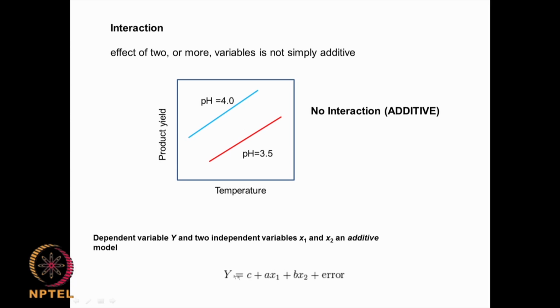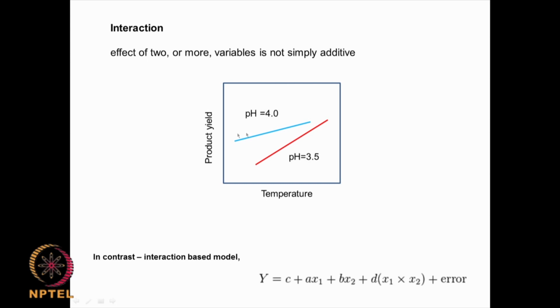I can develop a regression model y is equal to c plus ax1 plus bx2 plus error. So, there is no interaction between temperature and pH, and this is called additive because you have ax1 plus bx2. When I change temperature at one pH, the yield goes up like this. When I change temperature at another pH, the yield goes up like this. They look almost parallel.